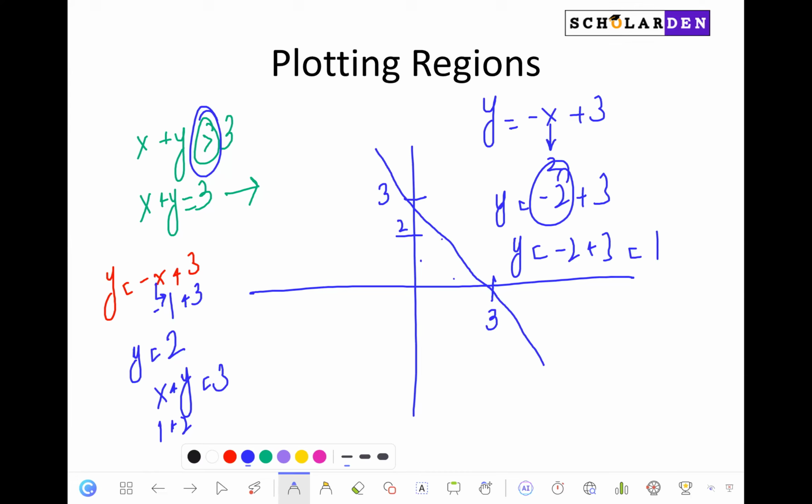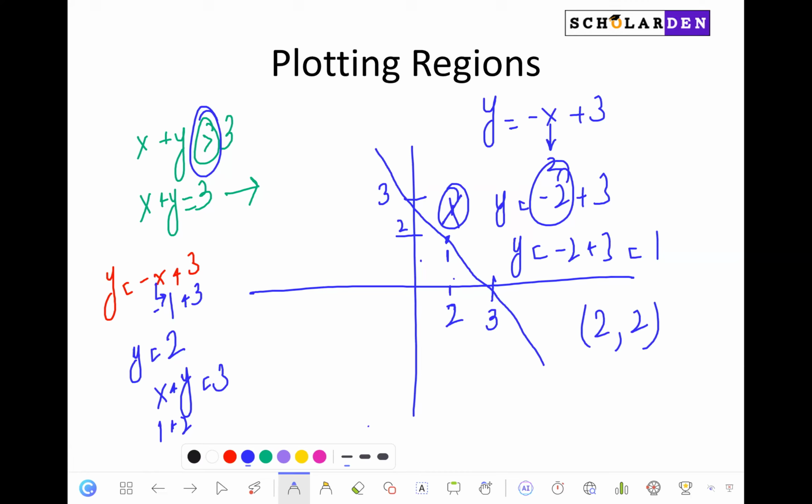So if x is equal to 2, the corresponding point on the line is going to be 1. And the coordinates 2 and 2 are going to lie above this line.